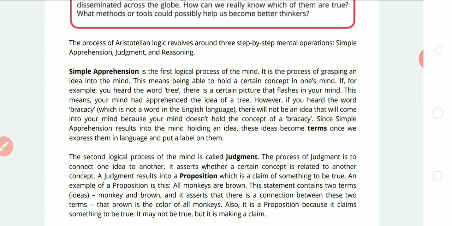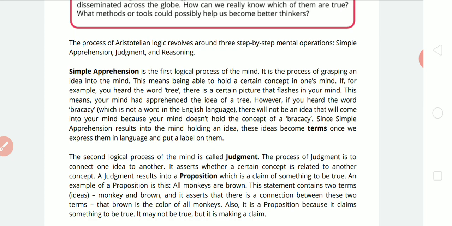However, if you hear the word "bracacy," which is not a word in the English language, even myself, I do not know what bracacy is. By just reading it, I ask, what is bracacy? So even I, class, do not understand. It was not registered in my mind.